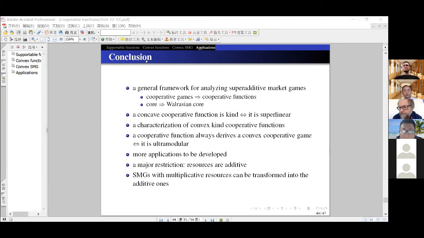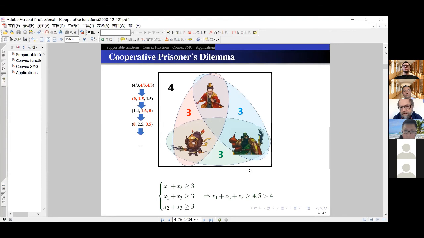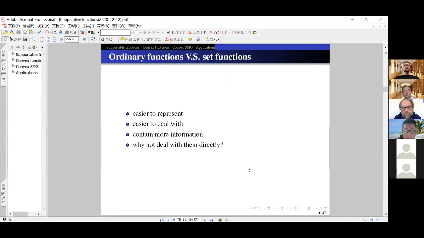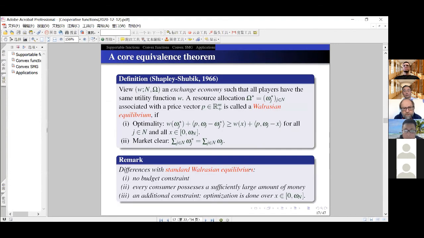I'd like to ask you about the parameters omega j that are included in the Walrasian equilibrium and the Walrasian core, and what about strategy proofness? So if we change omega, what will it be?